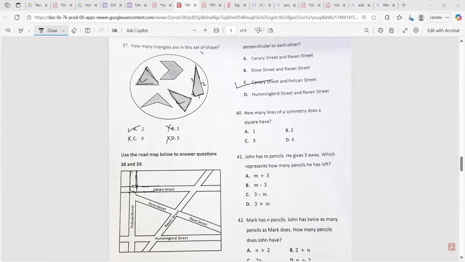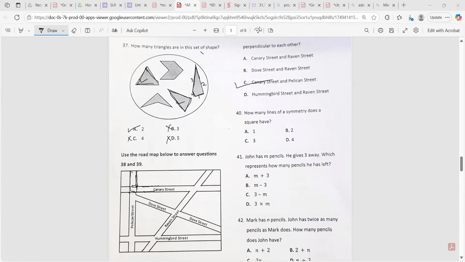Sir, I would say Canary Street and Hummingbird Street. All right, then put on Jamila. Go ahead, Jamila. Sir, I would say Canberra Street and Hummingbird Street. Okay. Zaria, say everybody say same thing then. I don't know.